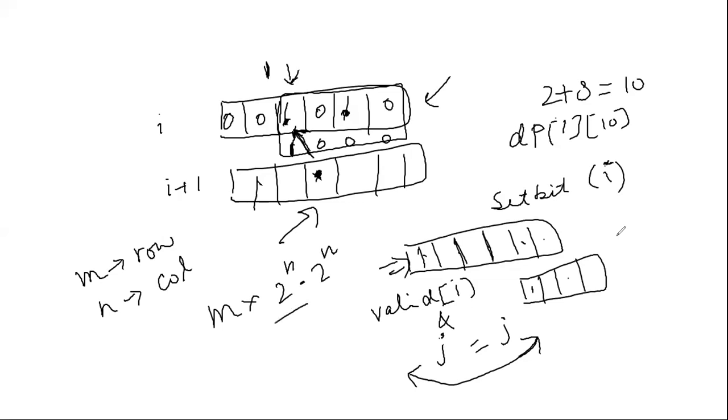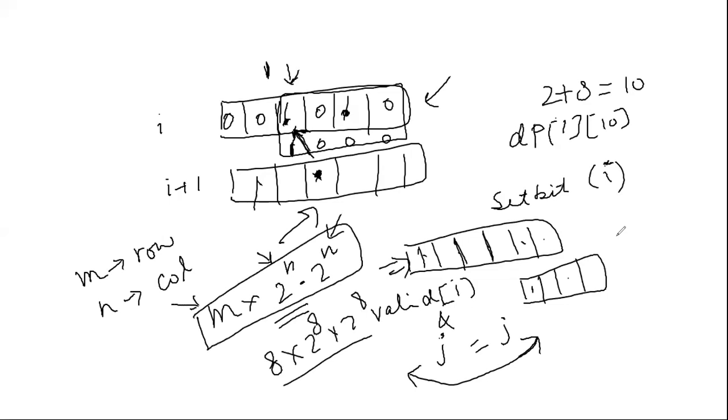And of course, since you are considering these to be constant, in theory this all is constant, right? Let's say 8 into 2 to the power 8 into 2 to the power 8. But make sure we think like this, because sometimes they will say, okay, I want it in terms of m and n, and then something like this makes more sense.